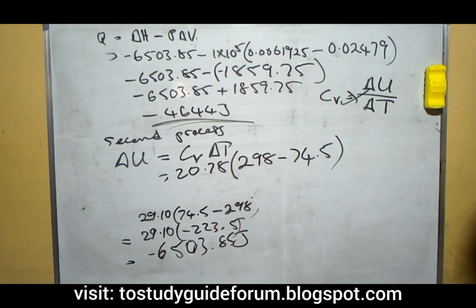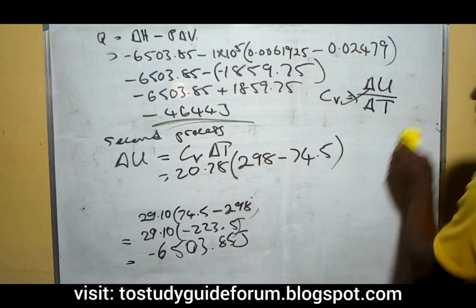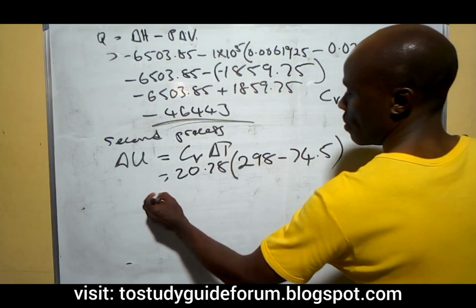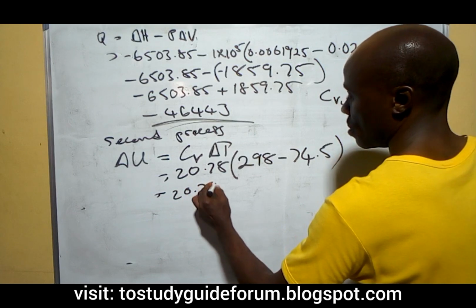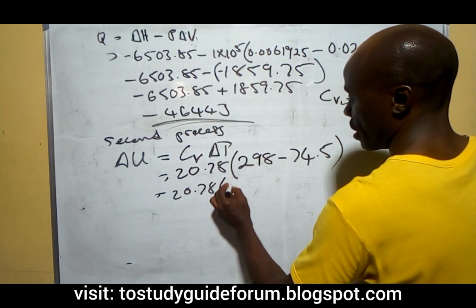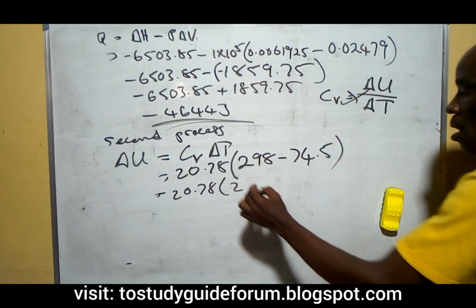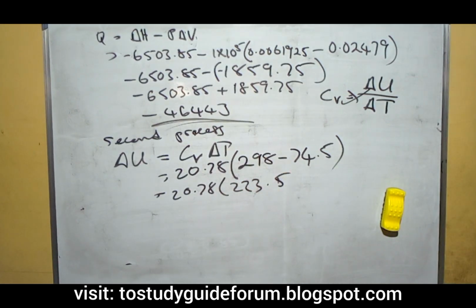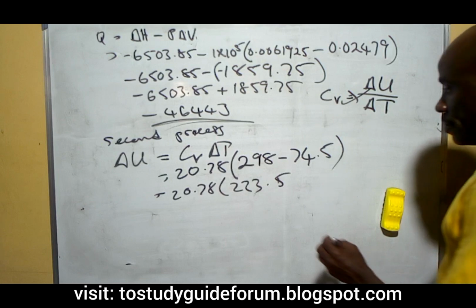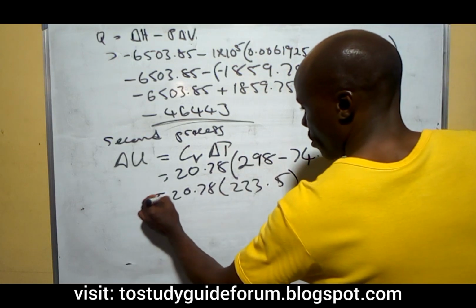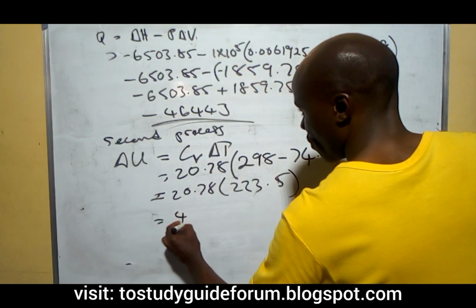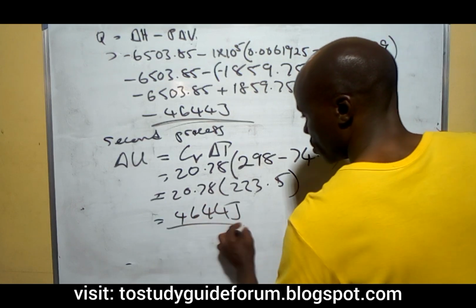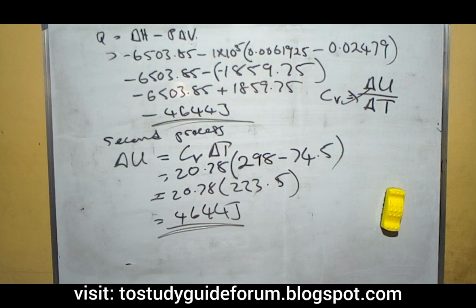So in this case now, if we subtract, we will have bracket 3.5, I'm sorry, 5, multiplying through, we have 4644 joules.